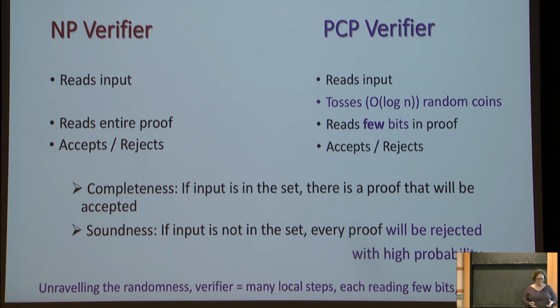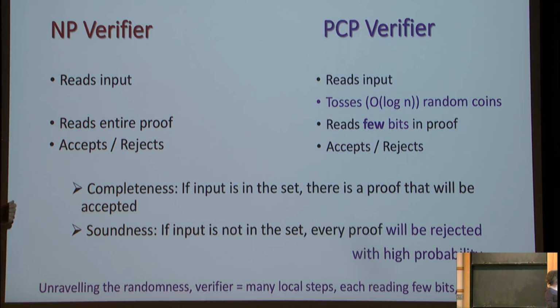And for each specific random coins, the verifier is doing something. Maybe the calculation is difficult, but it's only reading a constant number of bits in the proof. So what you have is a polynomial number of calculations, each one of them just reading a constant number of bits in the proof. And what then the soundness says is that, well, actually, let's do both of them.